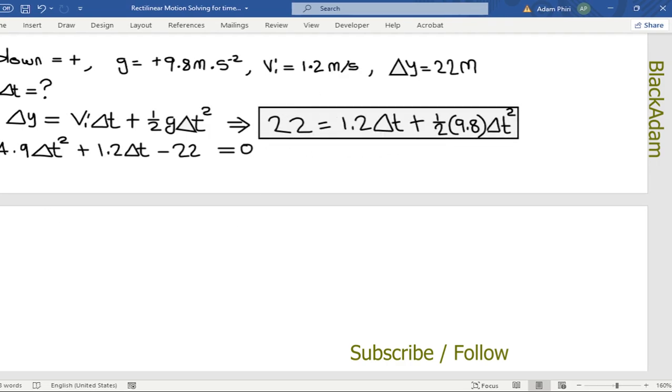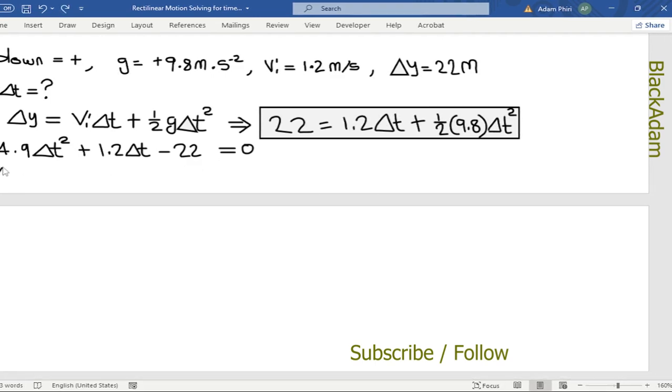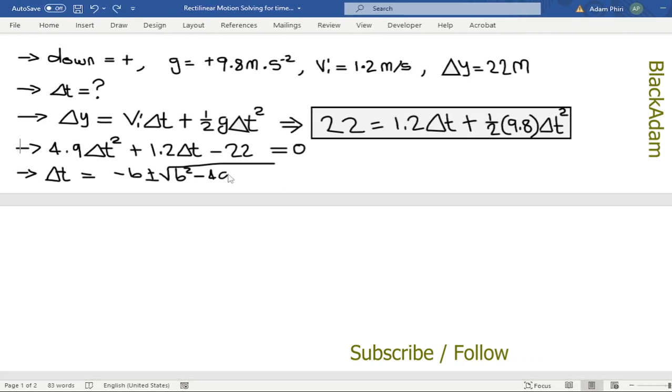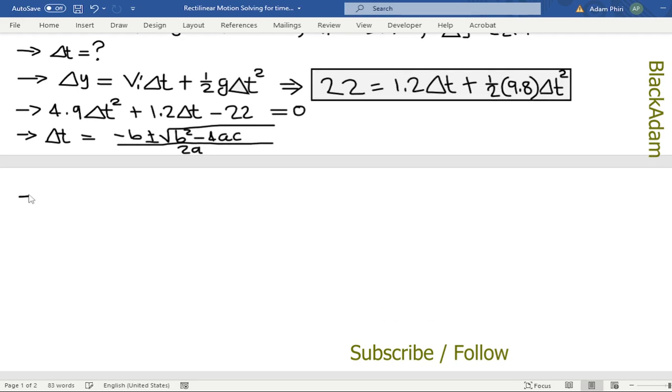And then we have that 4.9 is A, 1.2 is B, and negative 22 is C. So change in T is going to be found using the quadratic equation, because it can't factor, and that will be negative B plus or minus the root of B squared minus 4AC, over 2A. So we need to know that change in T is equal to what?